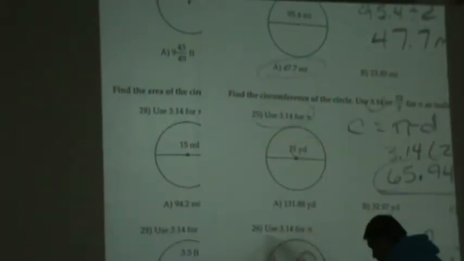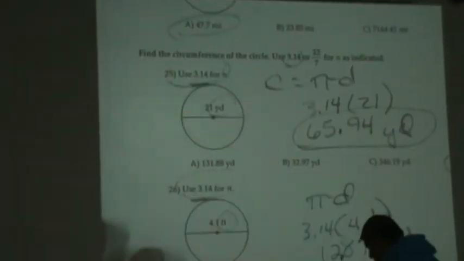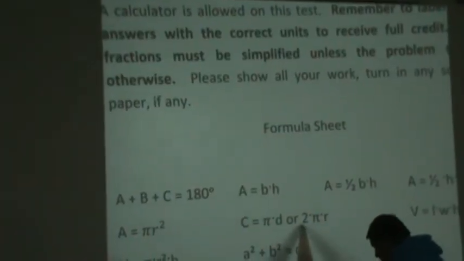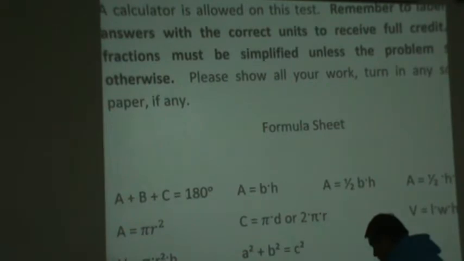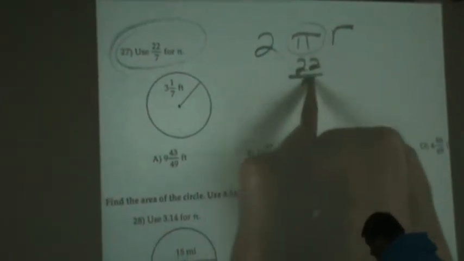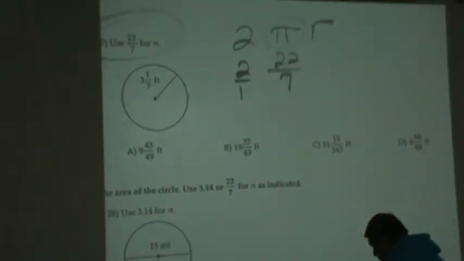Okay, this one, see it says use 3.14 for pi here? Okay, this one is a fraction, so it wants you to use that fraction for pi. We know the radius, so we're going to use 2 times pi times the radius. For pi, we're going to put 22 over 7. 2 will turn it into 2 over 1.